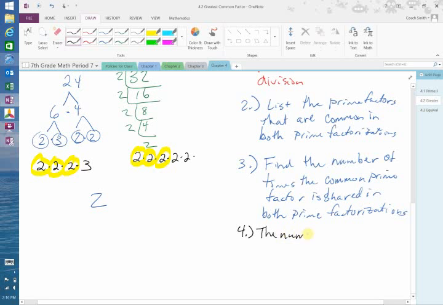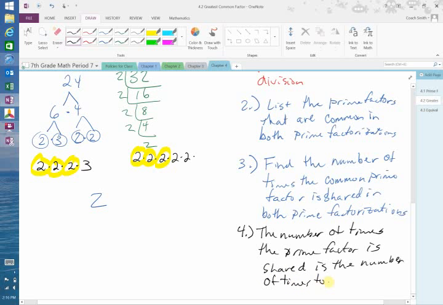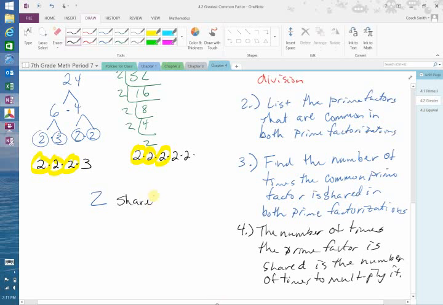The number of times the prime factor is shared is the number of times to multiply it. So it's shared 3 times. So 2 is shared 3 times.